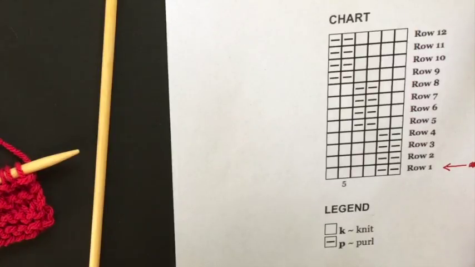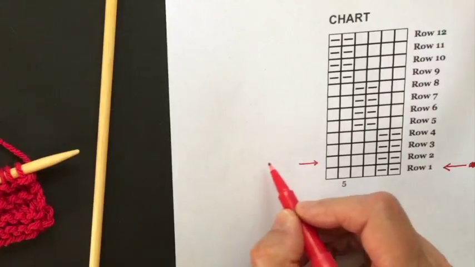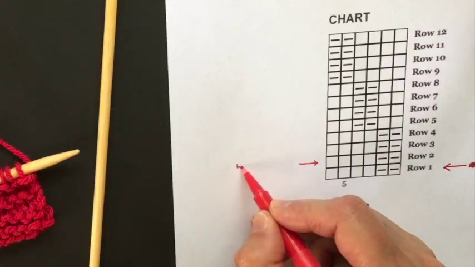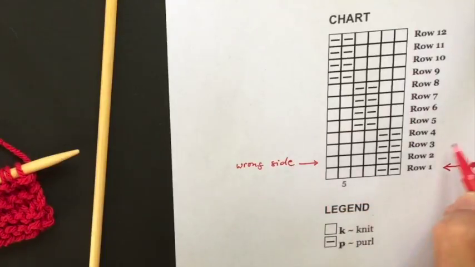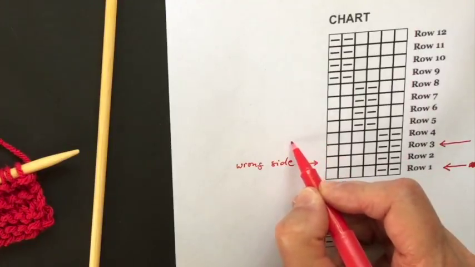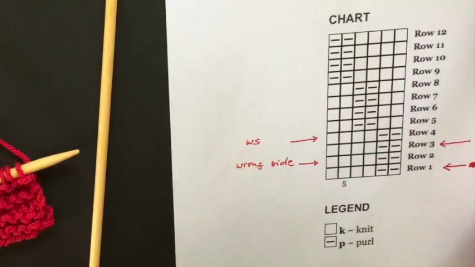Right side. And over here, this way, we were knitting on the wrong side. Wrong side. Okay. Now this one was again right side. Okay. And this one was wrong side.